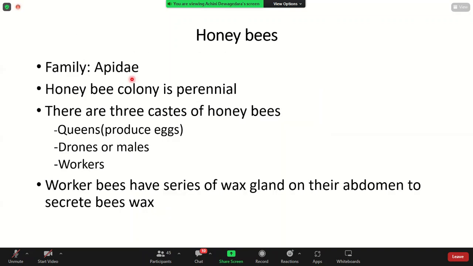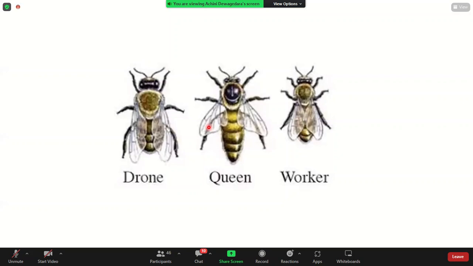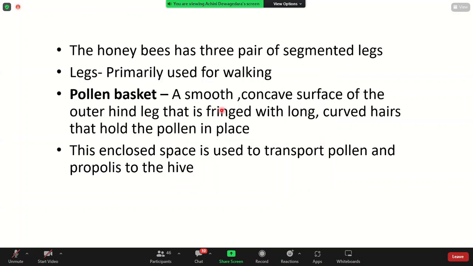When we talk about honeybees, they belong to family Apidae, and they live in colonies. As you know, there are three castes of honeybees: the queen, drones or males, and workers. The queen is responsible for the production of eggs, and drones and workers are responsible for other work inside the bee colony.